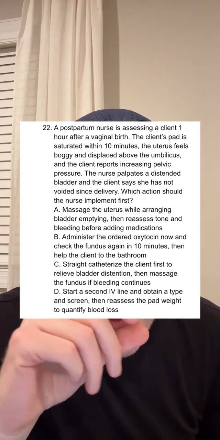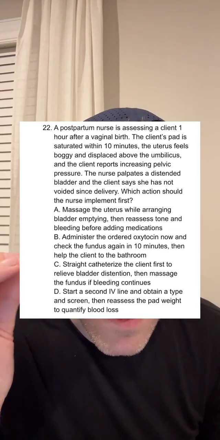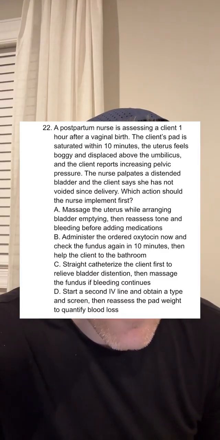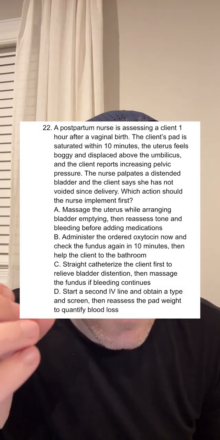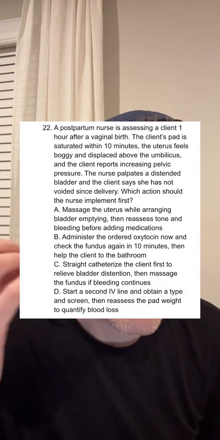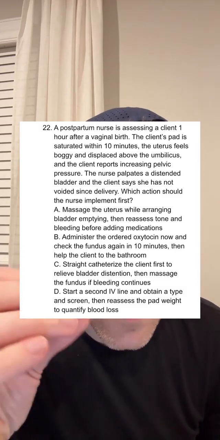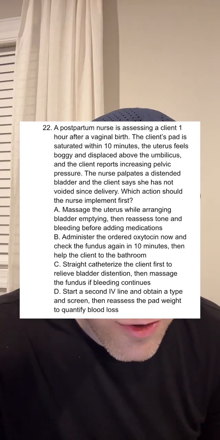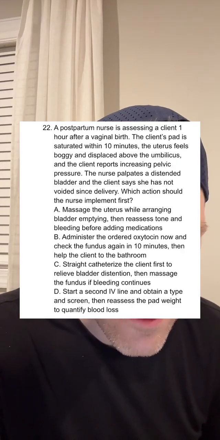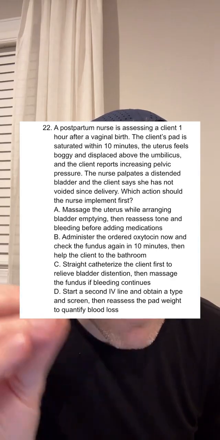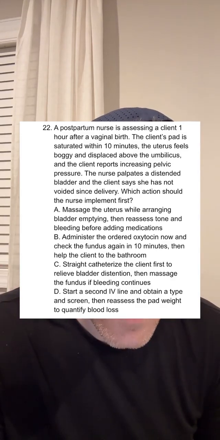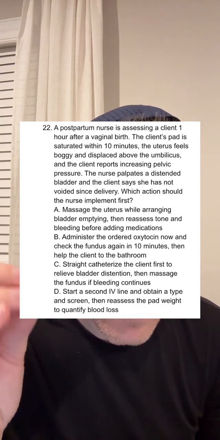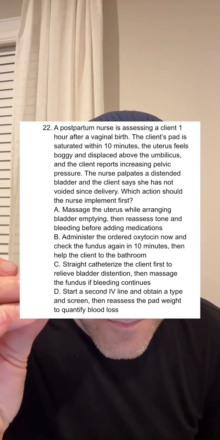So A is an intervention here. It is the most appropriate intervention, and we're doing this because immediate mechanical correction is needed. Okay, so we're talking about uterine massage and relieving the bladder distension. Okay, it is the absolute fastest way to reverse atony-related bleeding.